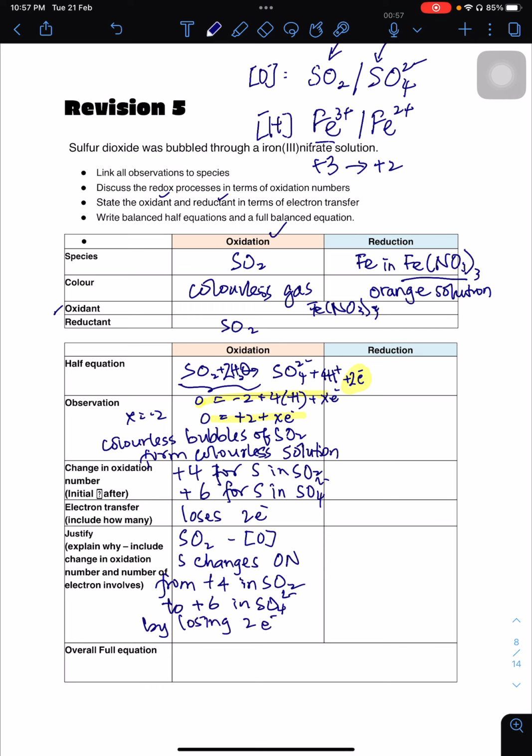So basically, this is how you write half of the answer for one of the species that undergoes oxidation.